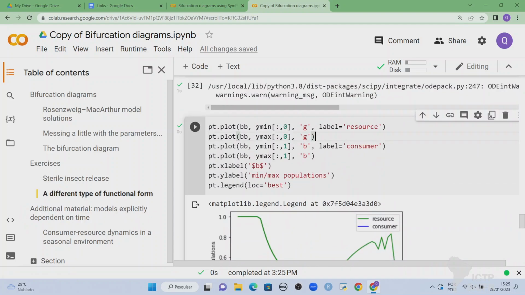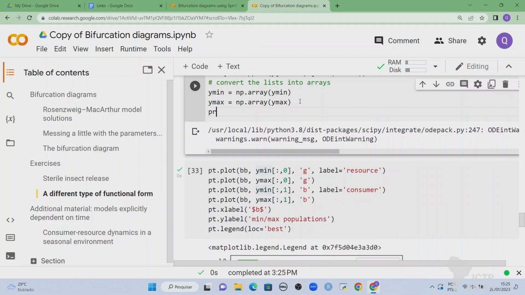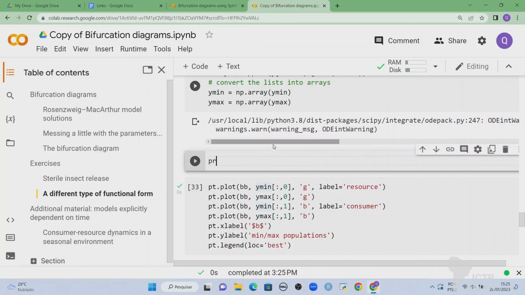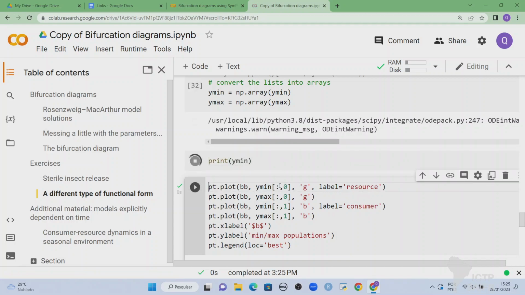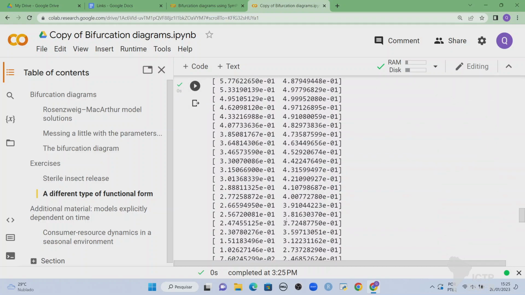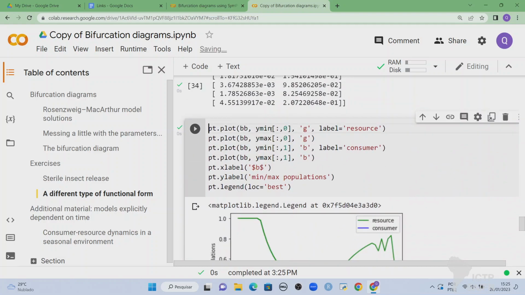Okay, so I'm plotting the y min, which has 2 columns. Let me print it here, right? Oh, no, not here, because then it will run everything again. So this has 2 columns. One is the minima of the resource, and the second one is the minima of the consumer, the predator. So I'm plotting here the minimum and the maximum of the resource, both of them in green.